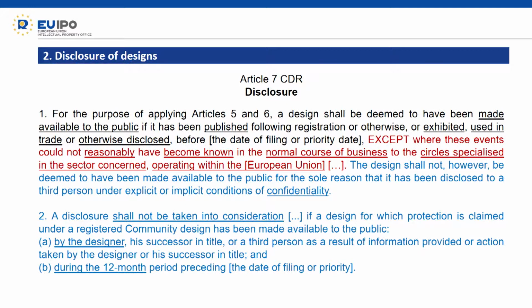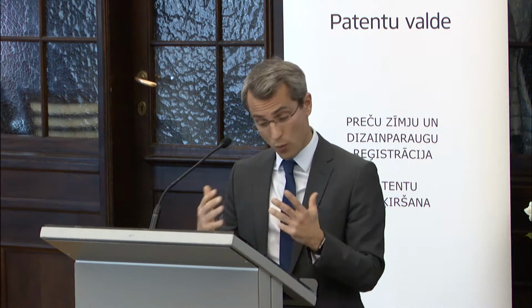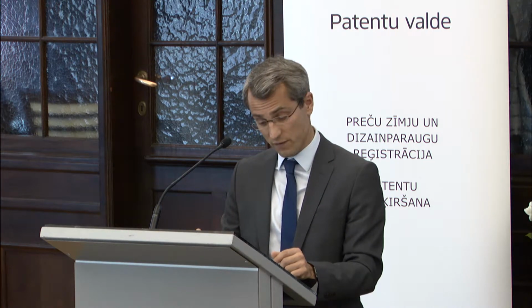As you can see from Article 7, which is quite a complex article and talks about the issue of disclosure, the assessment of disclosure basically consists of two parts. First of all, you assess the event of disclosure, whether it really happened before the filing date.